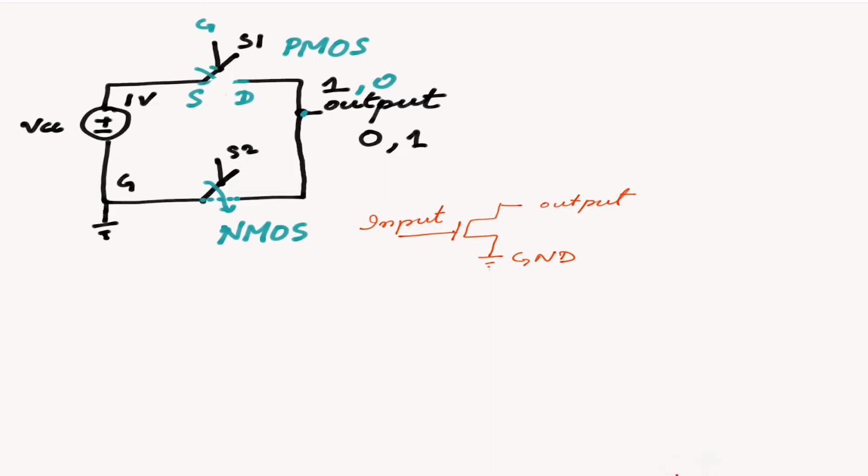And the circuit for PMOS is this symbol, with a circle here. One part is connected to, this is a symbol for supply voltage, and this is for the ground. So this is our PMOS, and this is NMOS.